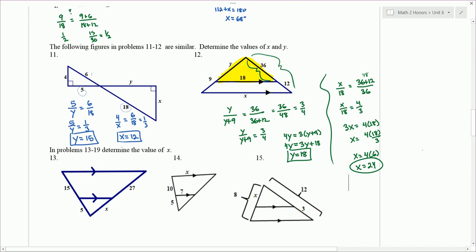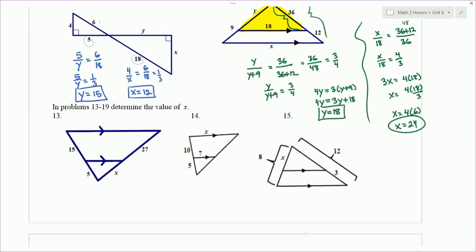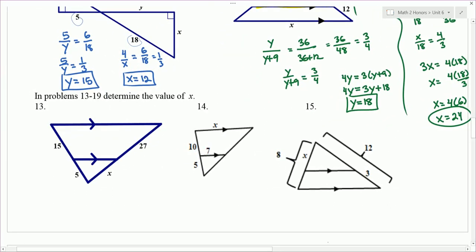In problems 13 through 19, we're going to determine the value of x. So here we have similar triangles because they're parallel, and so by angle, we have similarity.